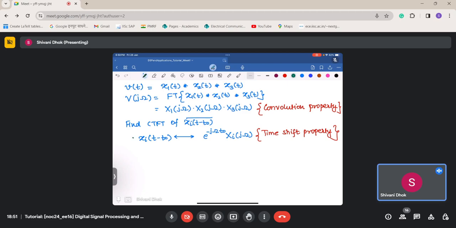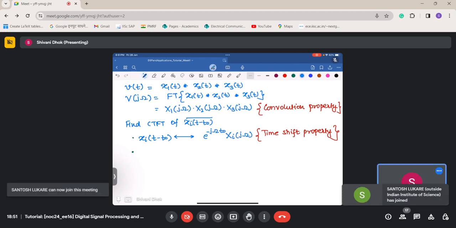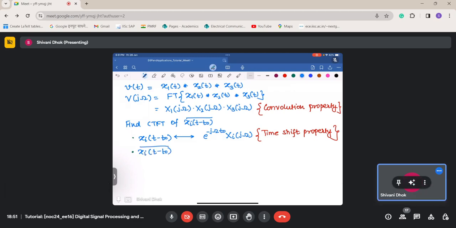Next, we need to find the Fourier transform of xi of t minus t naught conjugate.